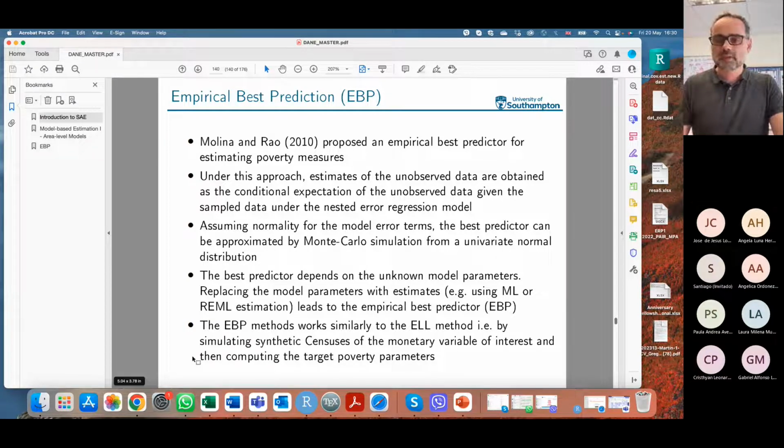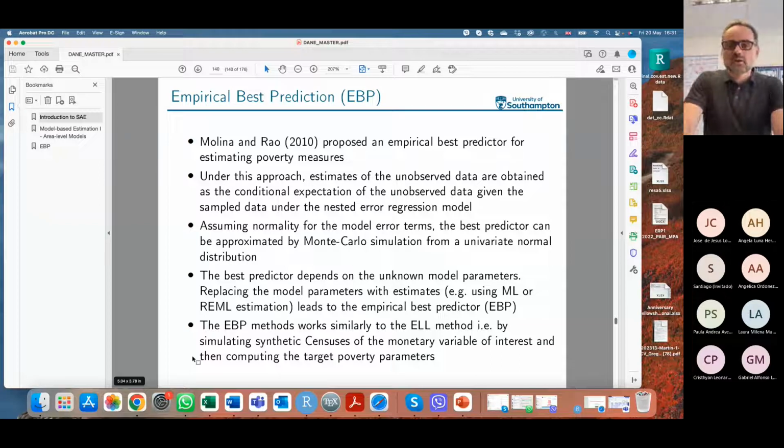And assuming normality for the model error terms, you can define a best predictor that can be approximated via Monte Carlo simulation and using univariate normal distributions. So under normality, you can define this empirical best predictor, and the empirical best predictor is the expected value given the sample data that you have in your sample.